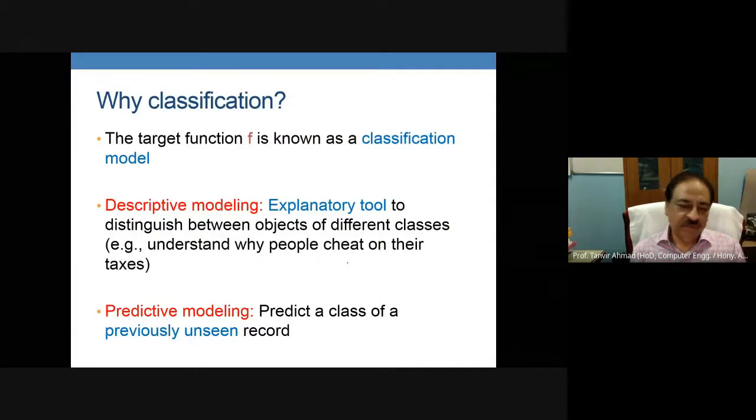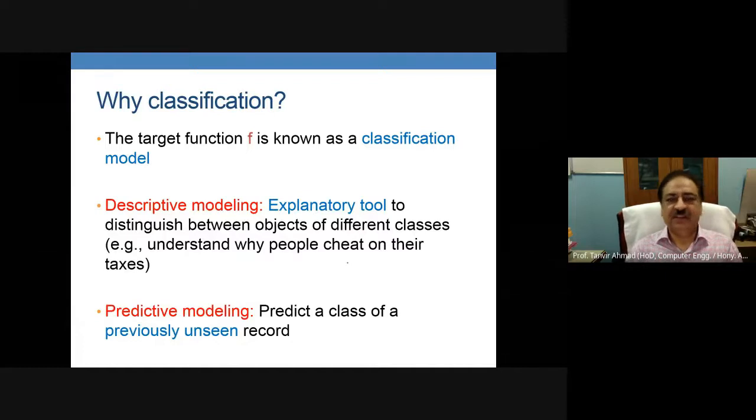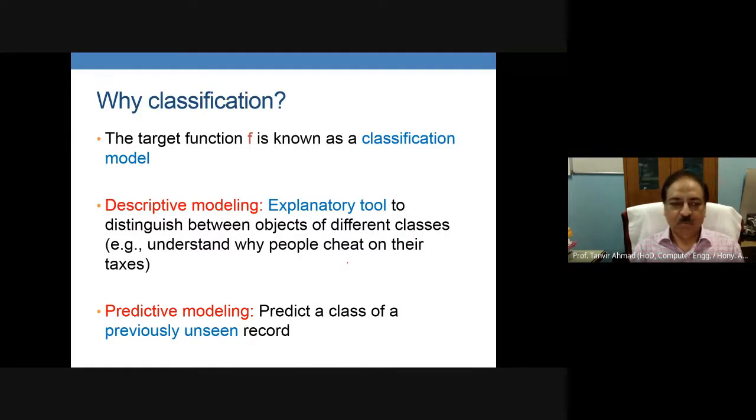Therefore, we have to make sure how we are going to address those continuous values. Now, whenever you are applying classification, the target function is known, which is called f, and then we can use descriptive modeling or predictive modeling.